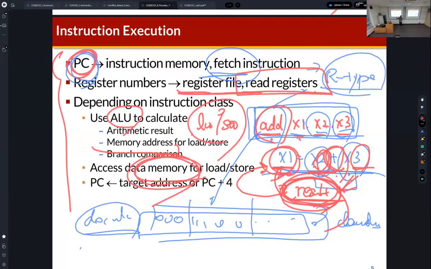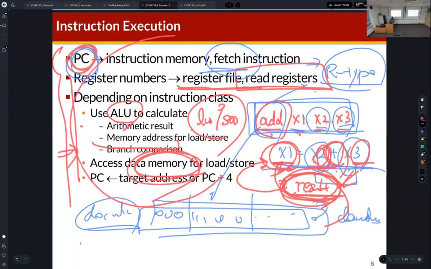This is the hardware, not software. So the hardware needs to perform these steps, which means we need to understand in chapter 4 how hardware performs these required steps for executing instructions. That's why I explained the required steps for executing instructions.